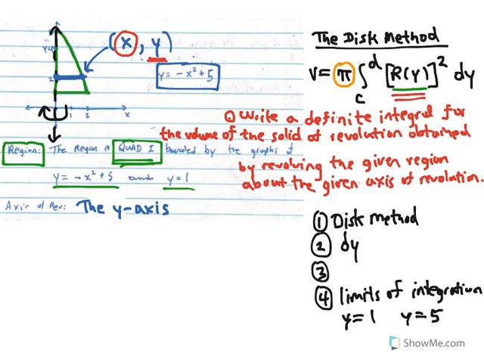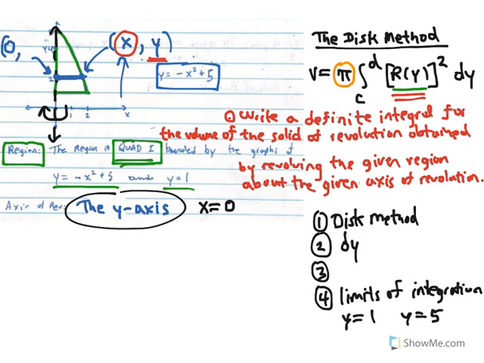And the reason for that is because our integrand has to be a function of y. And to find the length of a horizontal line segment, we have to subtract the x coordinates of the right and the left endpoints. It's much easier to do that for the other endpoint because the other endpoint is on the vertical line x is equal to 0. It's on the y-axis. So I will simply assign these coordinates to the left endpoint.